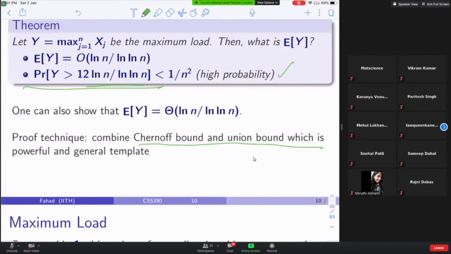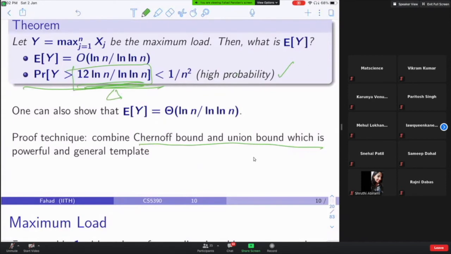So in one bin, the probability that it contains more than this quantity, since I don't want to repeat this log n divided by log log n, let me call this quantity delta. Okay. So in any bin, if the load is more than delta, that is a bad event.